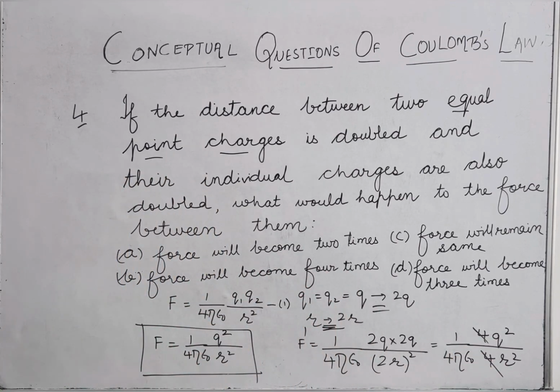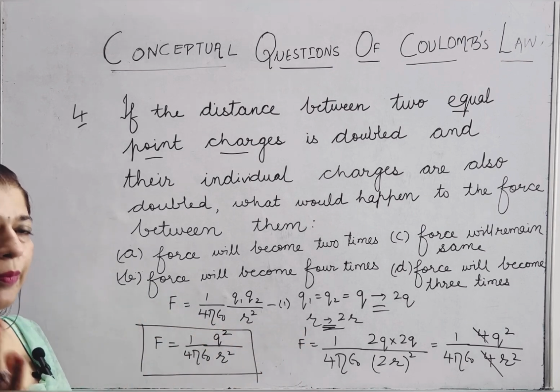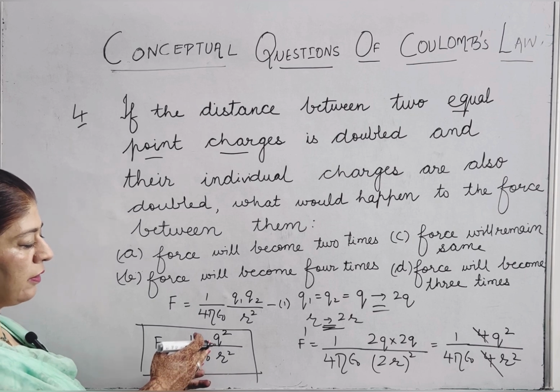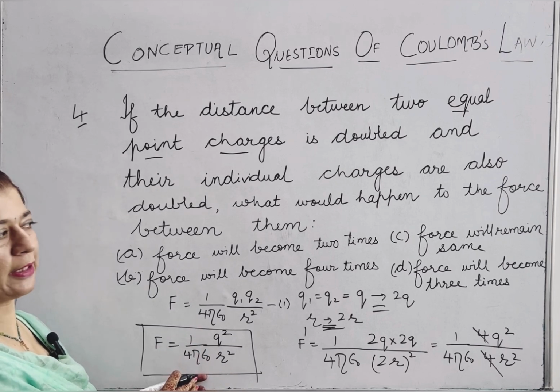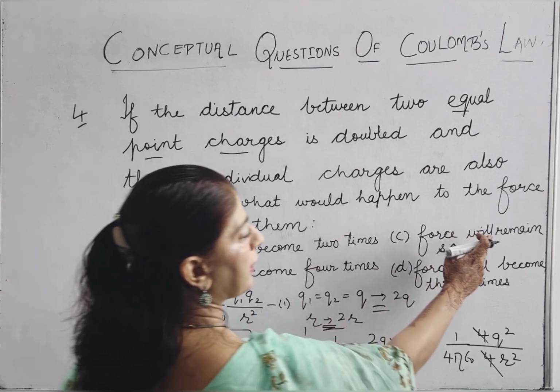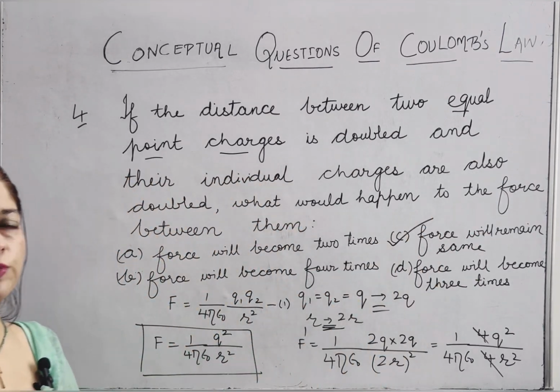So we find that there is no difference in the forces. The force remained the same if we have doubled the charges and also doubled the distance between them. So option force will remain same is the correct one, that is C for this problem.